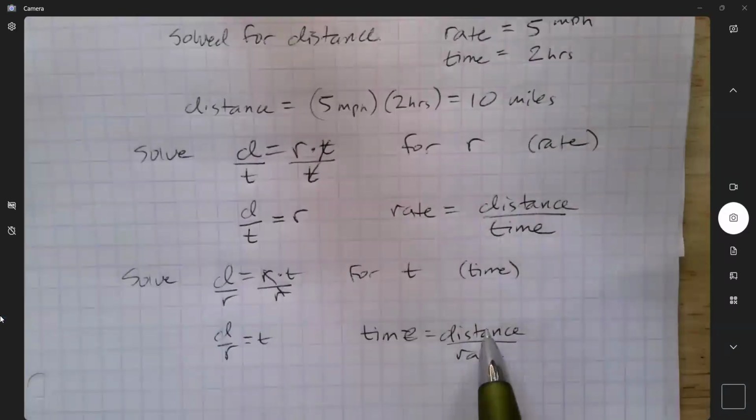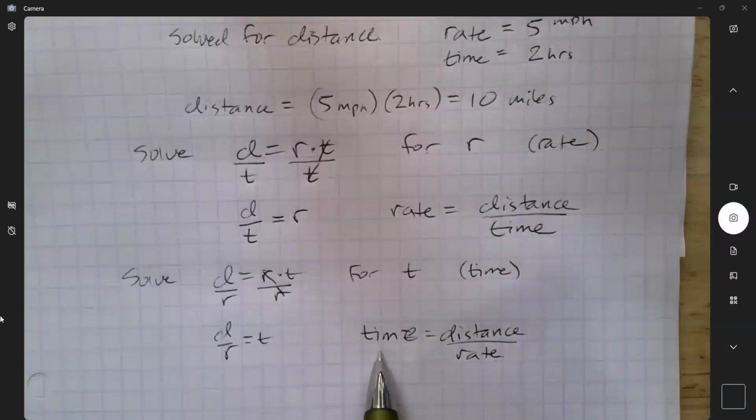I had to travel 100 miles and I was going 20 miles per hour. Well, that will tell me that it takes 5 hours to get there, for example, right? Because 100 divided by 20 is 5. So we can always solve equations for different variables or different quantities.